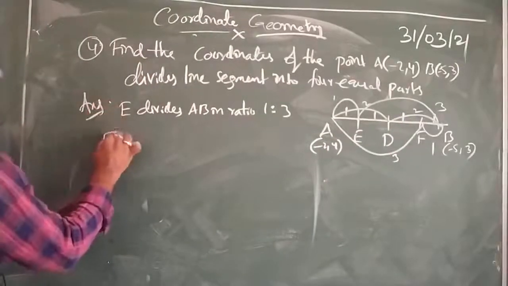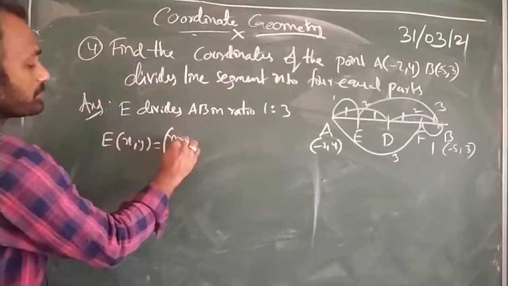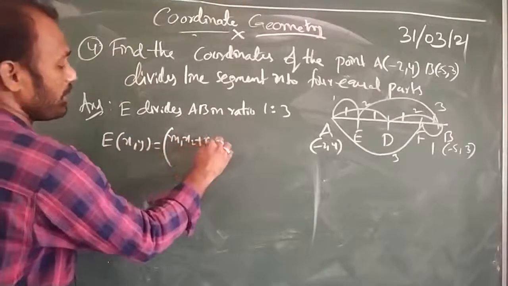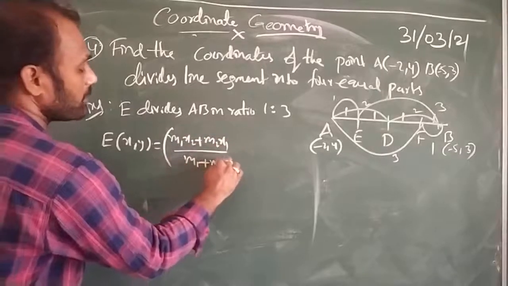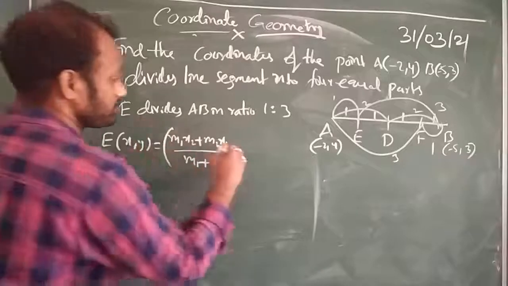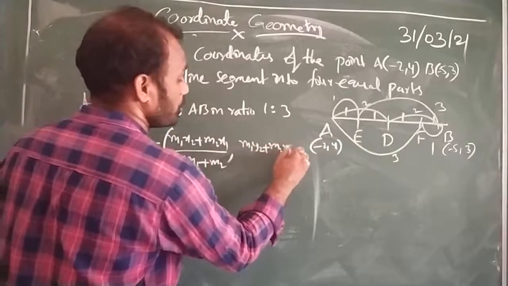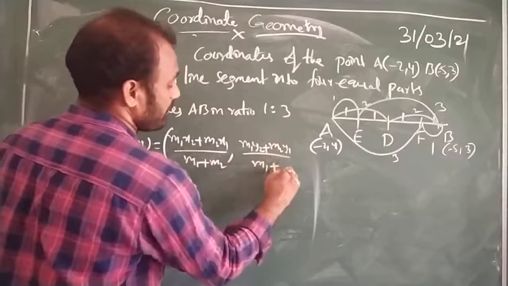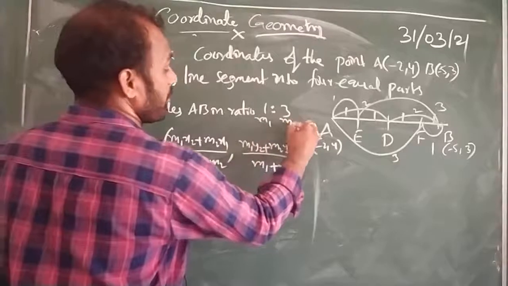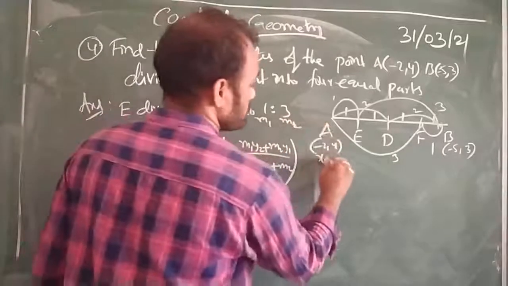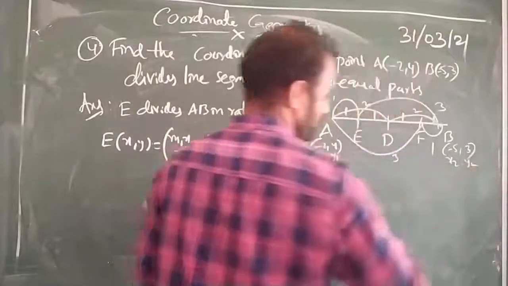So the coordinates of E, (x, y), equal, we have to use the section formula: (m1 x2 plus m2 x1) by (m1 plus m2), comma, (m1 y2 plus m2 y1) by (m1 plus m2). Here these are m1, m2, this one is x1, y1, this is x2, y2.